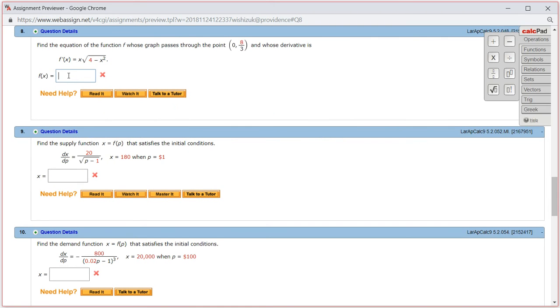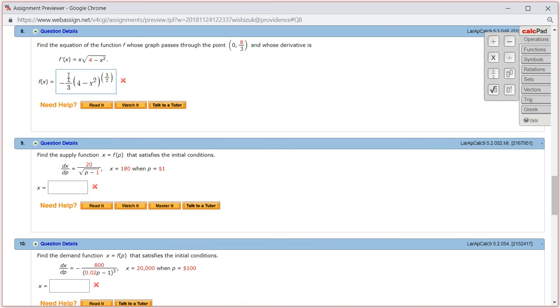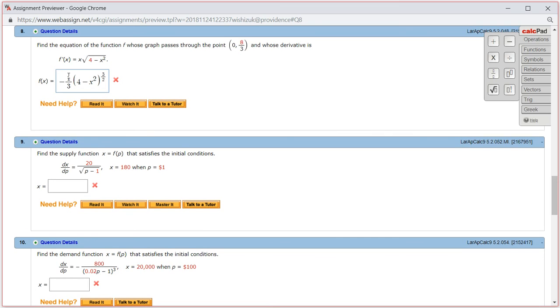We found that to be negative 1/3 times the quantity 4 minus x squared, raised to the 3/2 power. I don't need the parentheses. Plus 16/3. So let's check the answer.